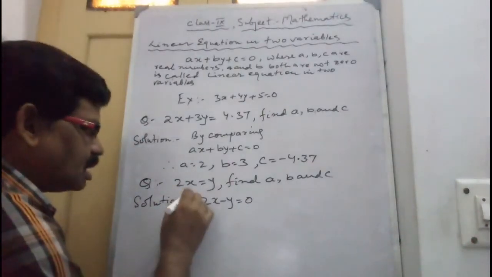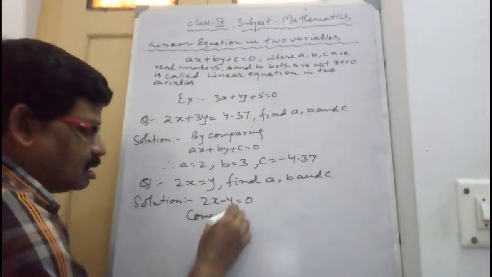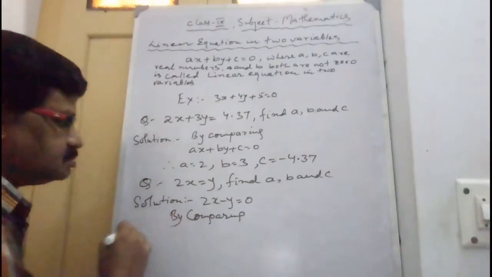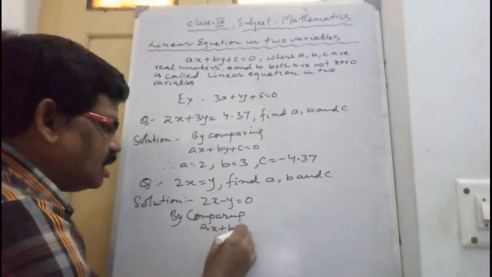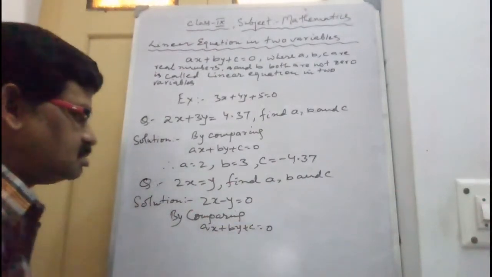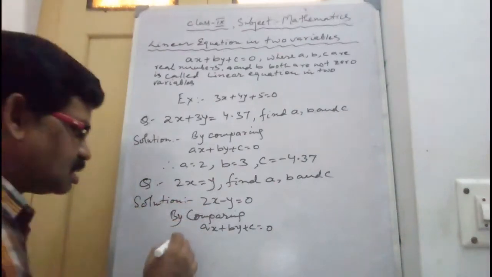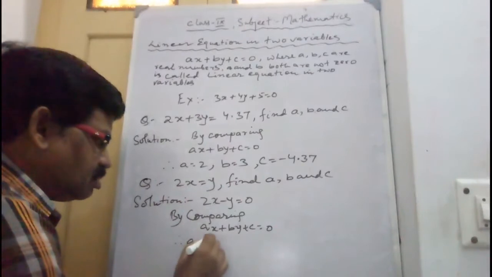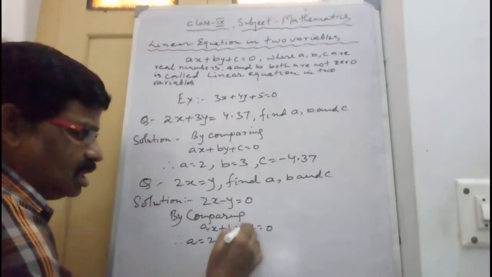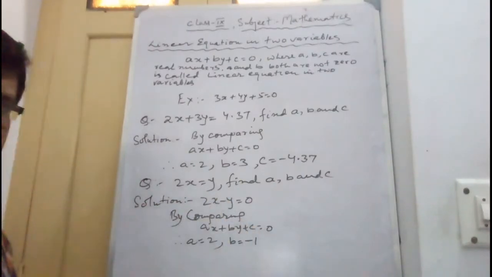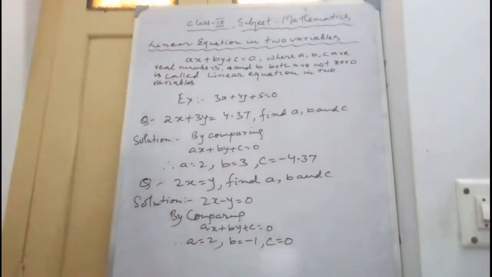Now by comparing with this one ax plus by plus c equal to 0, x with this one 2 here a, so a equal to 2, y, so b equal to minus 1, here nothing is there, so c equal to 0.